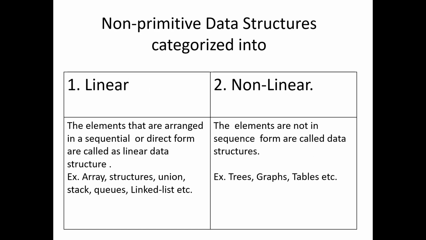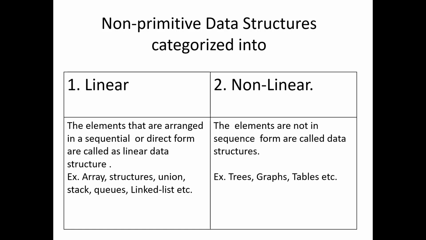Then coming to non-primitive data structure, again it is classified into two, that is linear data structure and non-linear data structure. In the linear data structure, the elements are arranged in a sequential form, are called the linear data structures.